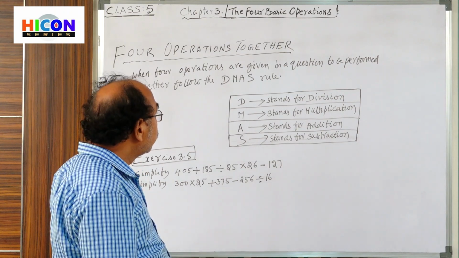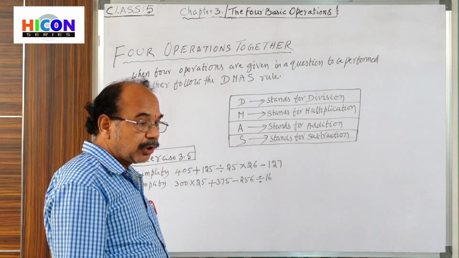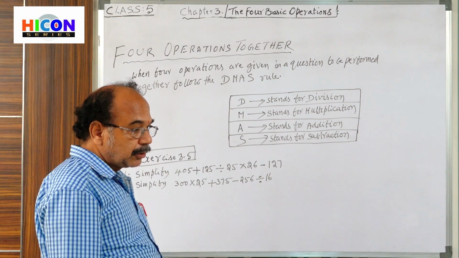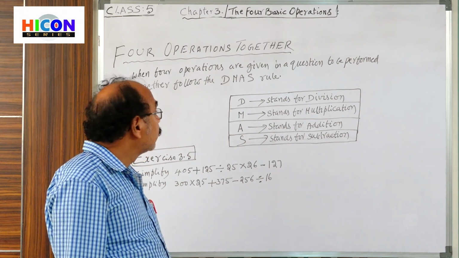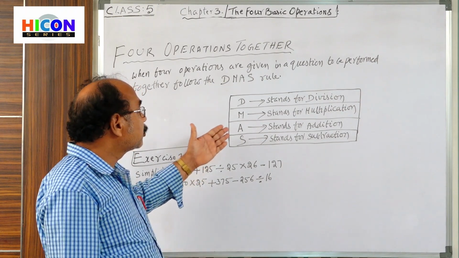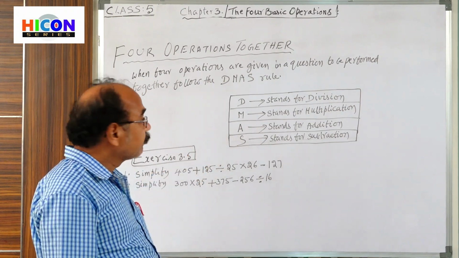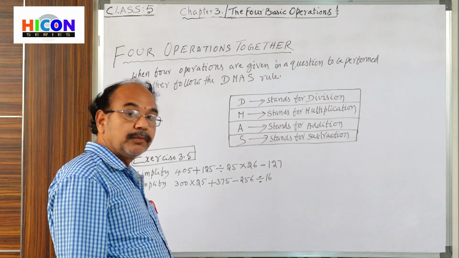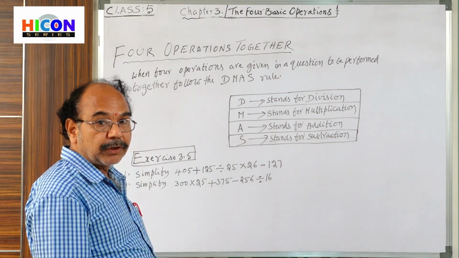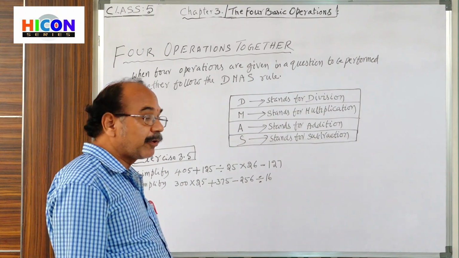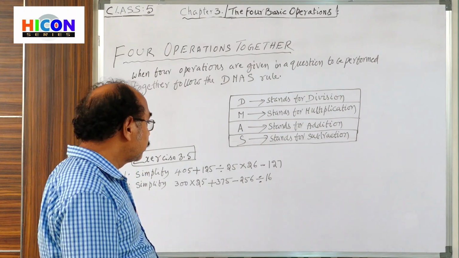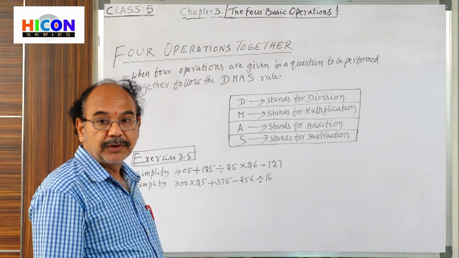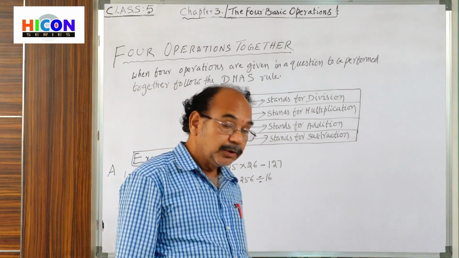That means at a time all the 4 operations are there in a given question. Then by following this DMAS rule, we can simplify the problem. Simplify means writing in lowest terms, writing in short form. That is called a simplified form.